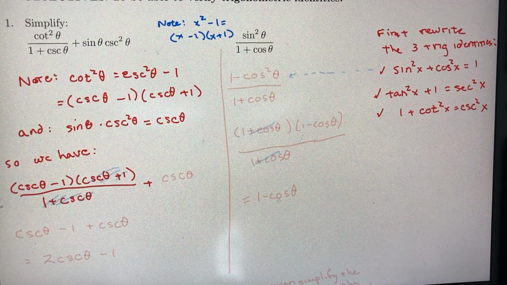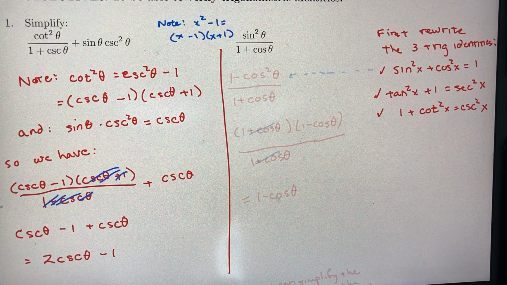But with addition, 1 plus cosecant and cosecant plus 1, they are the same. So you can't cancel part of it at a time. You have to cancel out that whole term, cosecant plus 1. And then the other term was cosecant. So we have two cosecants minus 1.